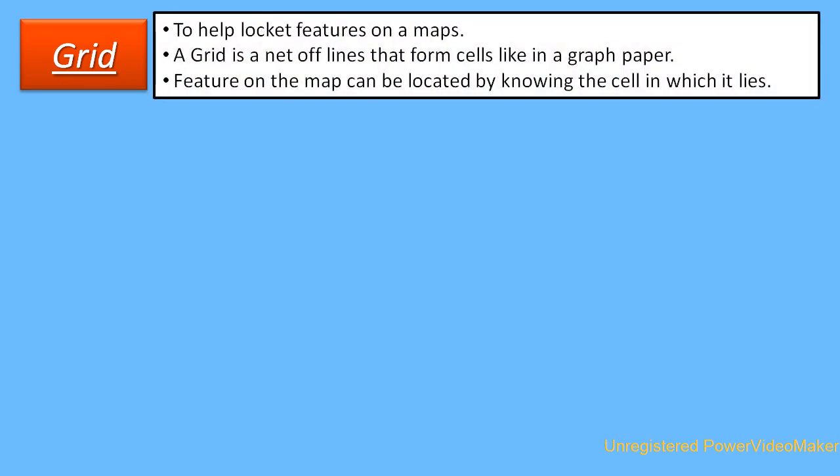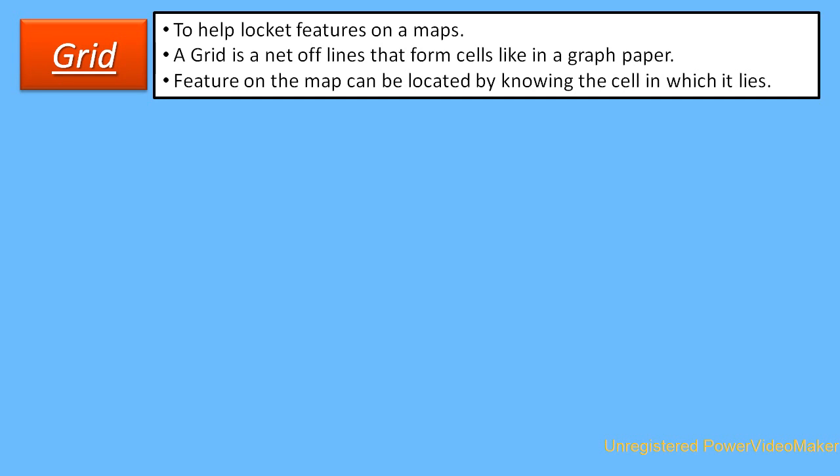Under part 3, the next main topic which we are going to discuss is grid. To help locate features on a map, we are taking the help of a grid. A grid is a net of lines that forms cells.